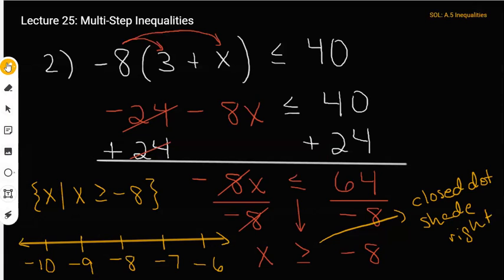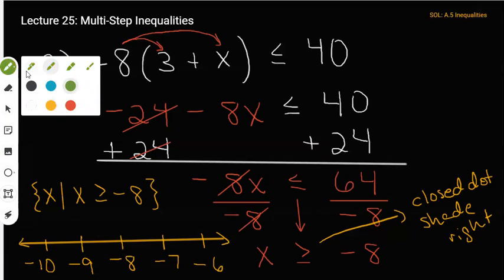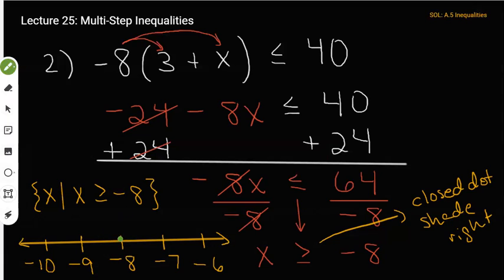So let me choose a different color. Let's say green. I'm going to put a closed dot on the -8 and fill it in. And then I'm going to shade to the right.